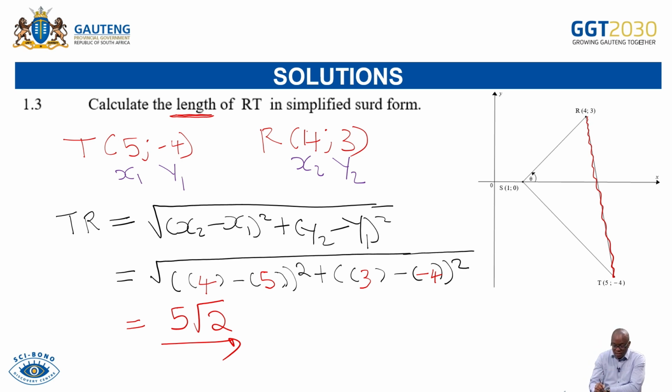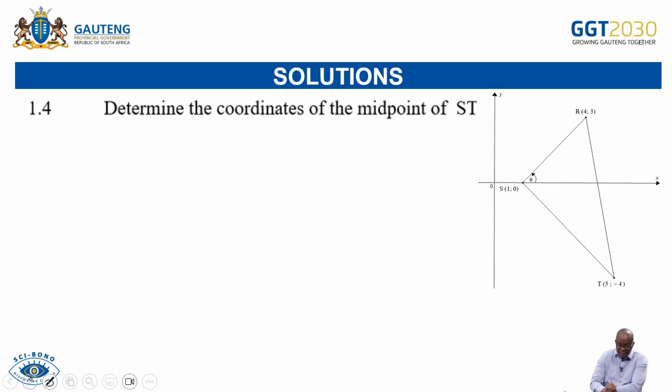This question was 2 marks. You will get 1 mark for substitution and 1 mark for the answer. Correct? So you can see that already you have 7 marks out of 13, which is more than 50%, only by answering 3 sub-questions there.